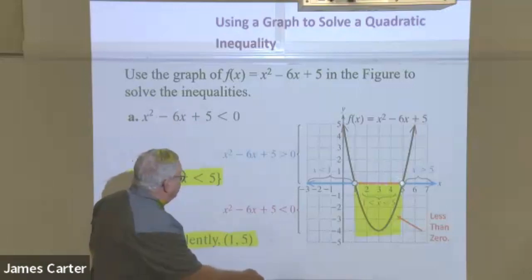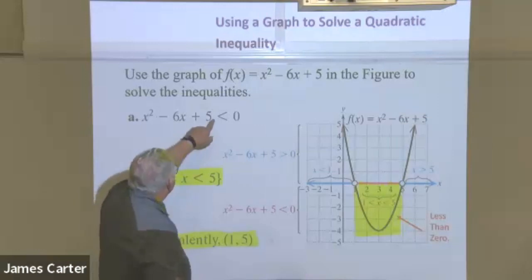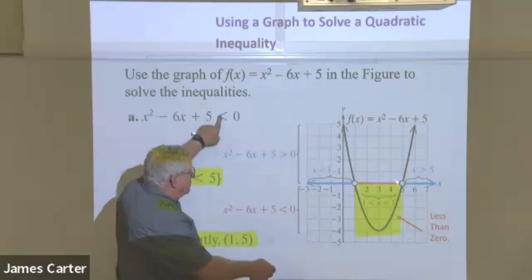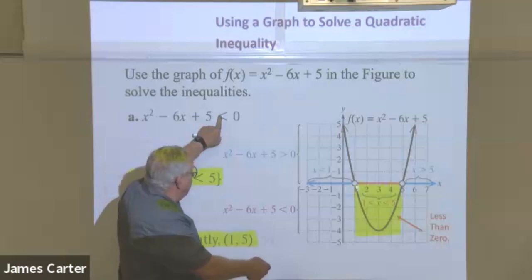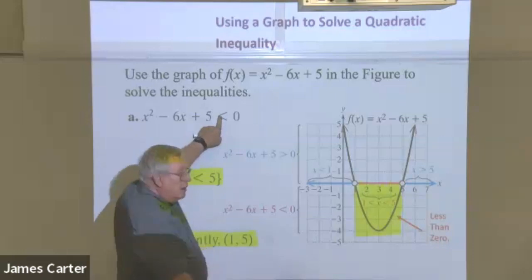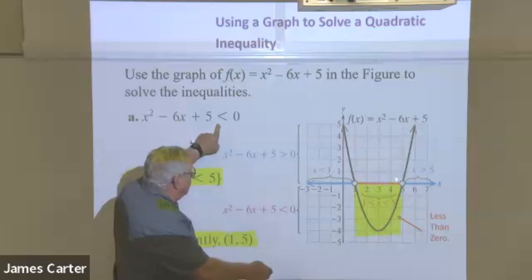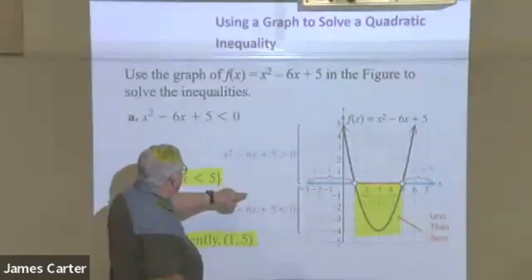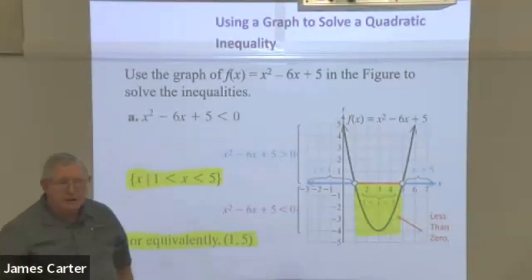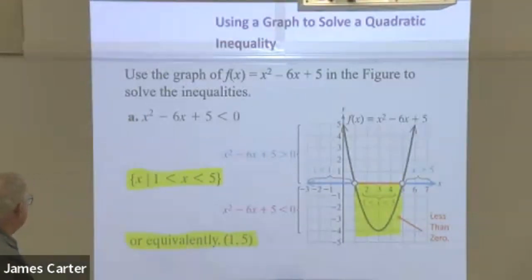So here's the 1 and the 5. But this does not include those points. Those actual points on the line are excluded. And only the portion of this graph that is below the line is included. Okay, so what is your answer then? Notation 1 to 5, both of them non-inclusive.